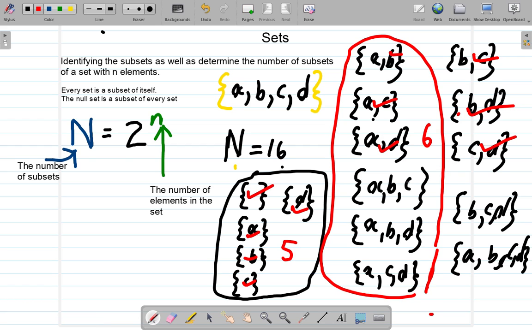Then 3 elements starting with A: ABC, ABD, ACD, right? 3 elements starting with B: BCD. Then we have all 4 elements. So do we have everything? That's 1, 2, 3, 4, 5, 6, 7, 8, 9, 10, 11, 12, 13, 14, 15, 16, right? All 16 of them. So we have all 16 subsets.